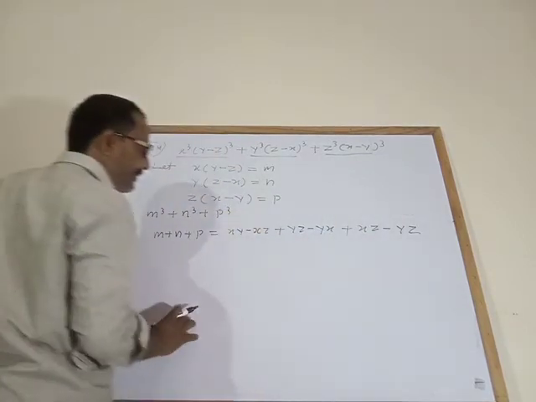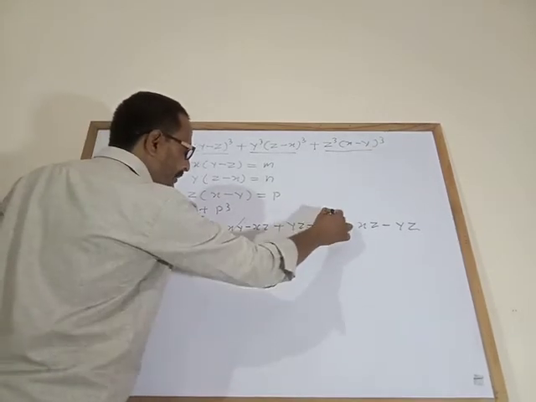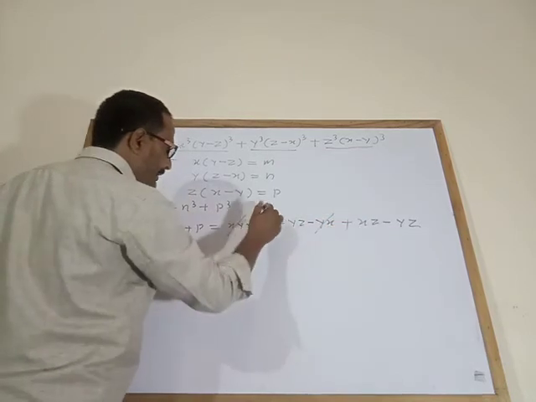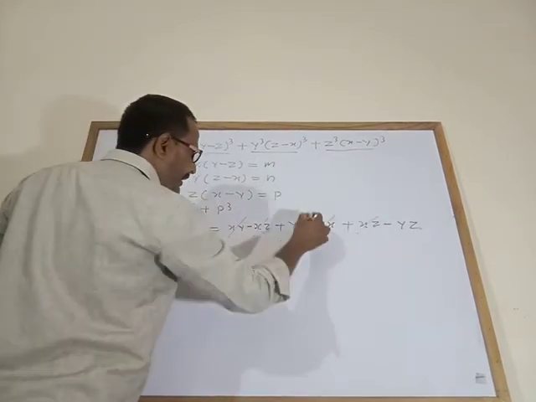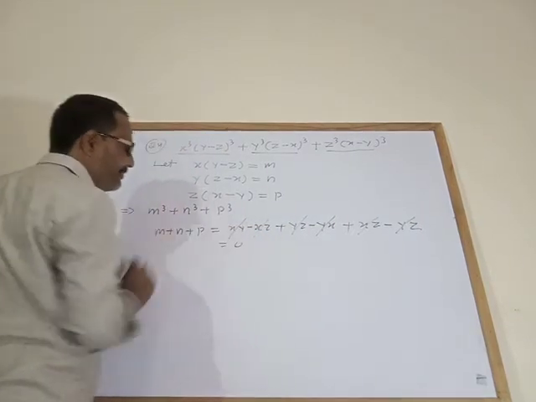Now see that xy and −xy cancel, xz and −xz cancel, plus and minus cancel, meaning it comes to 0.